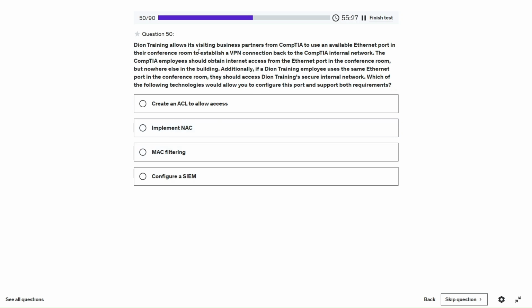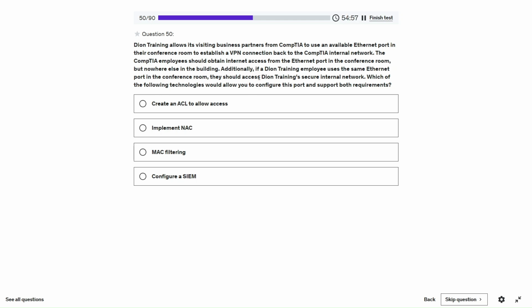DION Training allows its visiting business partner from CompTIA to use an available Ethernet port in their conference room to establish a VPN connection back to the CompTIA internal network. The CompTIA employees should obtain internet access from the Ethernet port in the conference room, but nowhere else in the building. Additionally, if the DION Training employees use the same Ethernet port in the conference room, they should access the secure internal network.